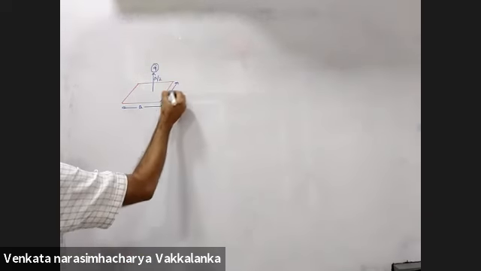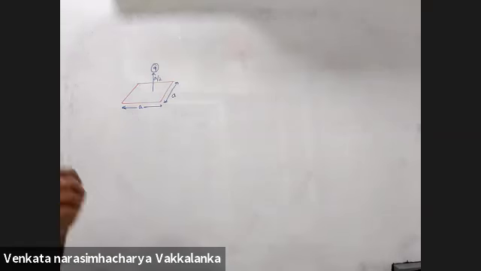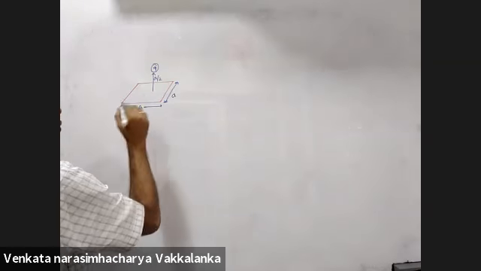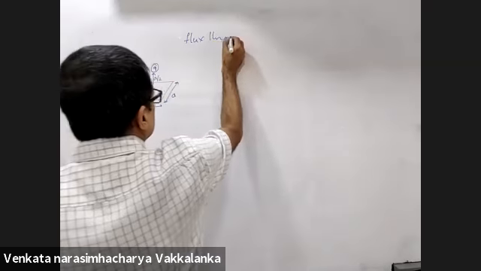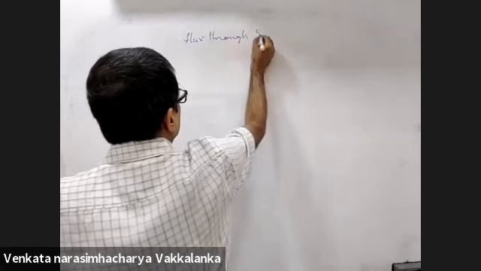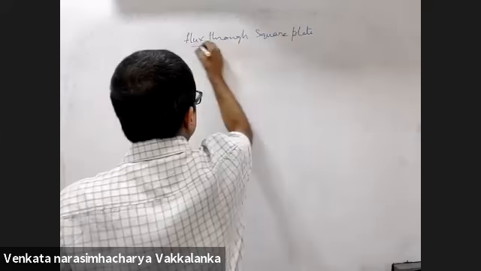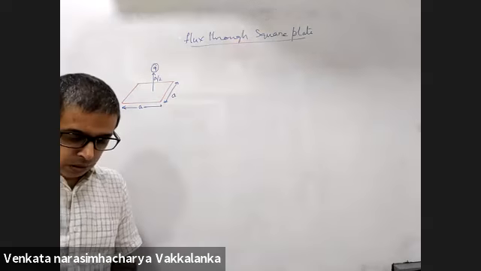Square plate sides are a. They are asking you the flux through the square plate. Flux through the square plate, kQ by r square into a square.